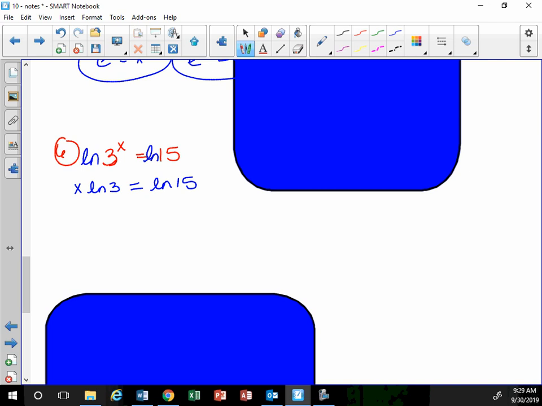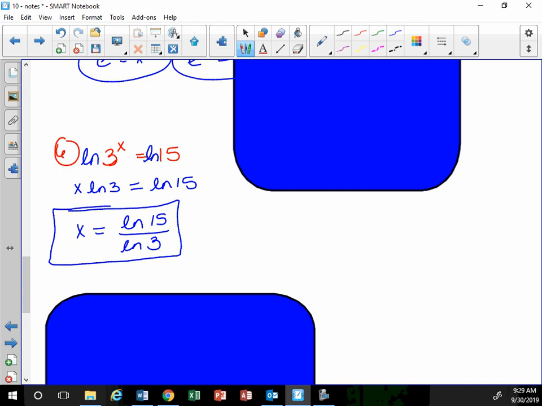So x is natural log of 15 over the natural log of 3. No, you cannot divide the 15 and the 3, okay? That's your answer.